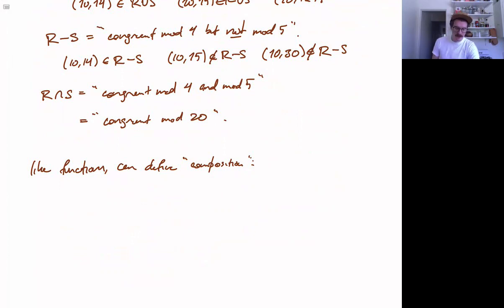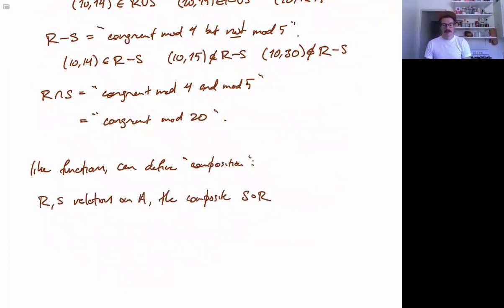So R and S, let's say they're still relations on A. The composite, well, let me just write that. R, S, relations on A. The composite, S follows R, so it uses the same notation as the function case.